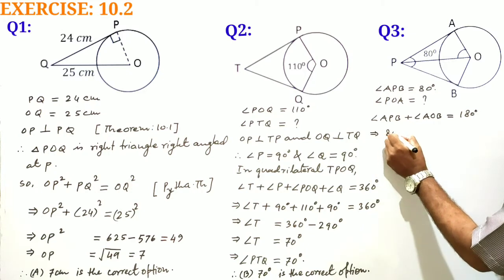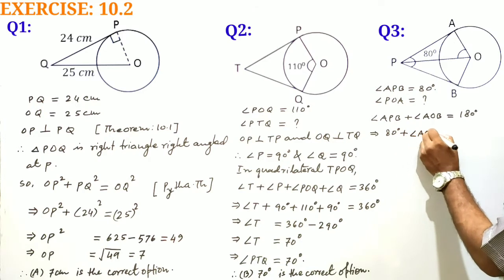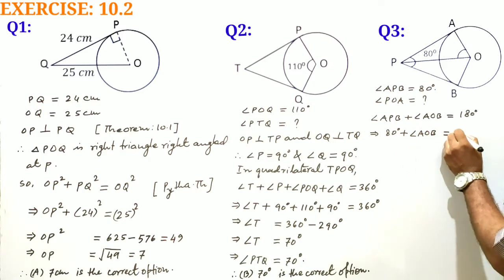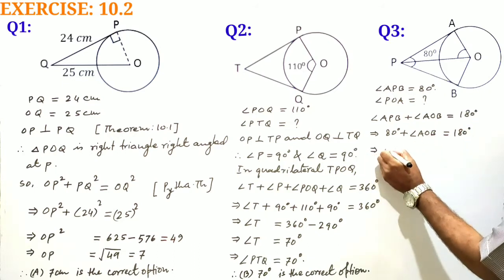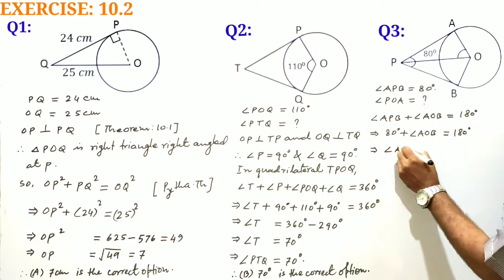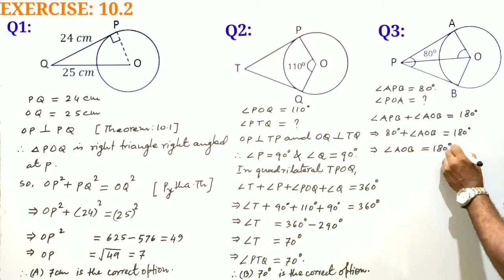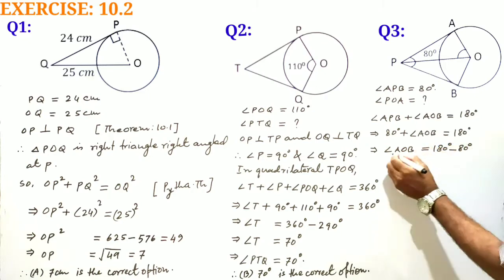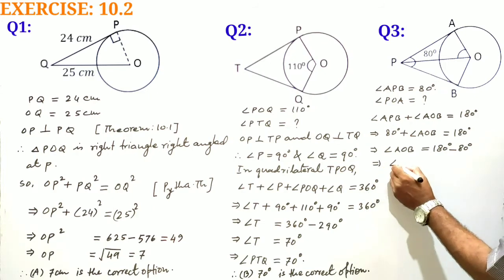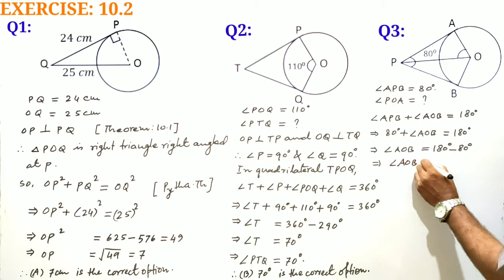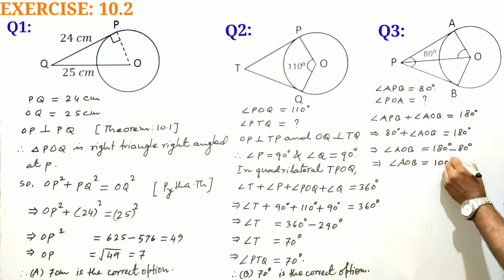So 80 degrees plus angle AOB is equal to 180 degrees. This implies angle AOB is equal to 180 degrees minus 80 degrees. So angle AOB is equal to 100 degrees.